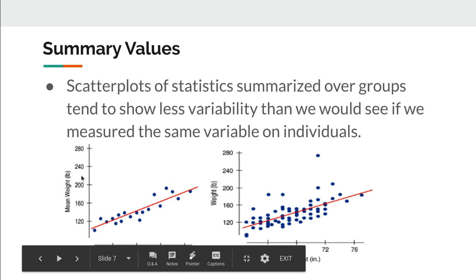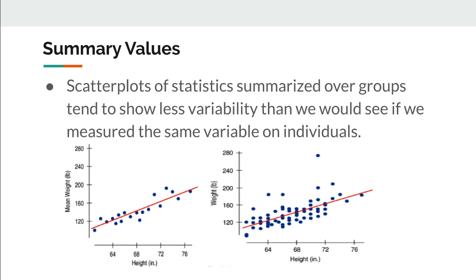Scatter plots of summary values. Scatter plots of statistics summarized over groups tend to show less variability than we would see if we measured the same variables on individuals. Over here we have height and weight.